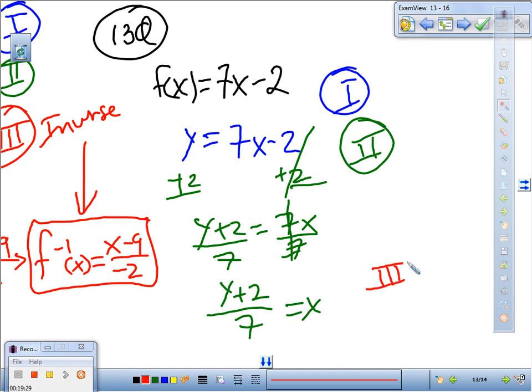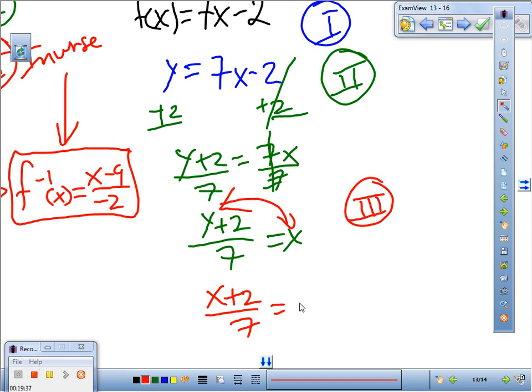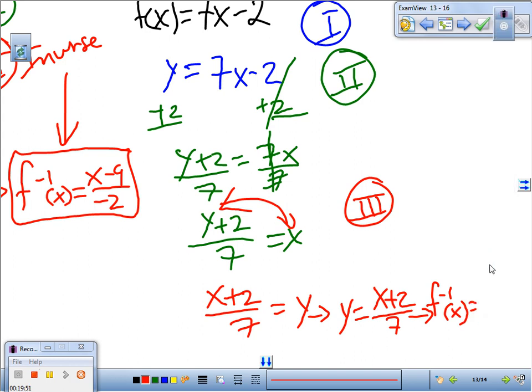Step 3, we do the inverse. That's when you switch these. So we get x plus 2 over 7 equals y. We rewrite it. y equals x plus 2 over 7. And that becomes f of negative 1 of x equals x plus 2 over 7.